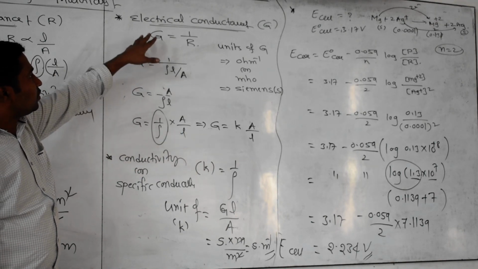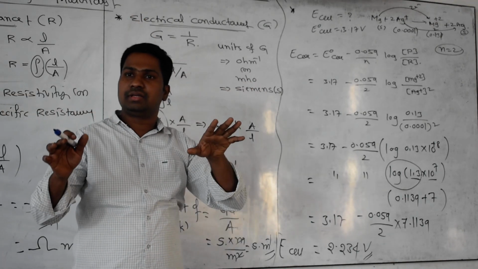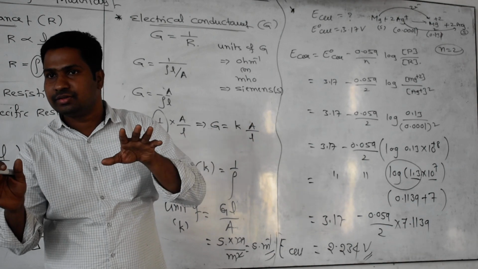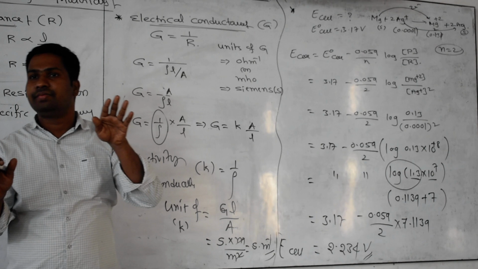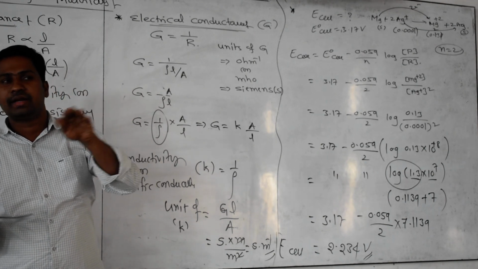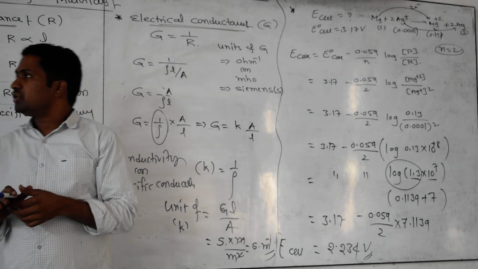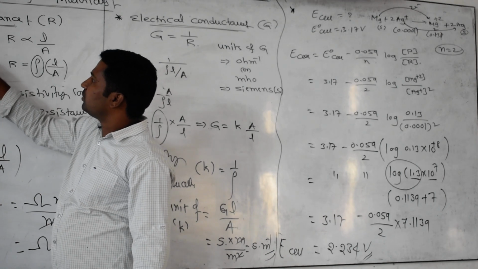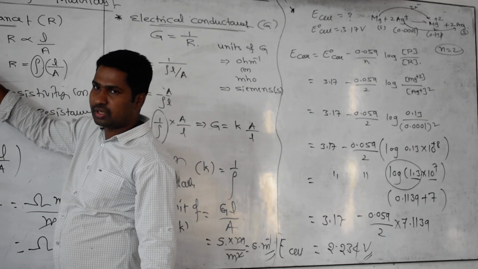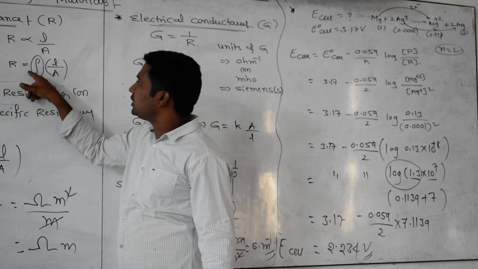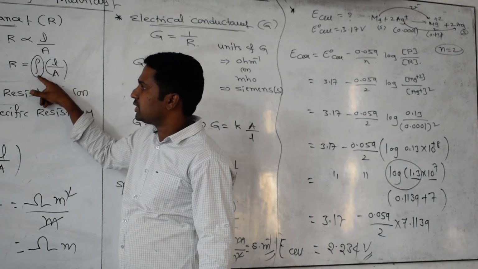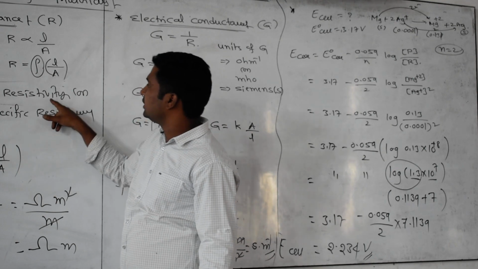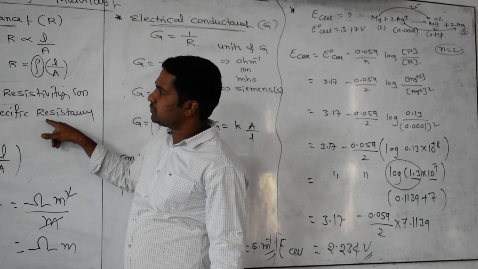So what is the meaning of resistance and resistivity, conductance and conductivity? Resistance is one of the properties of the material which represents opposition to electricity through that material. It is always directly proportional to the length of the body and inversely proportional to the cross section area of the body. From there you got R equals rho into L by A. This rho is called the proportionality constant, especially called resistivity or specific resistance.